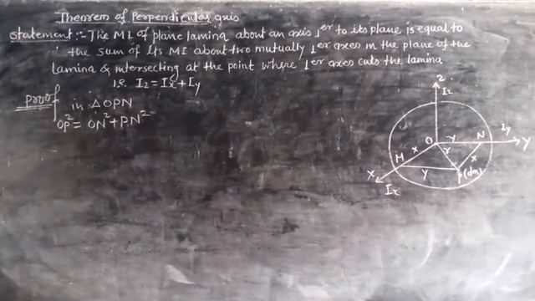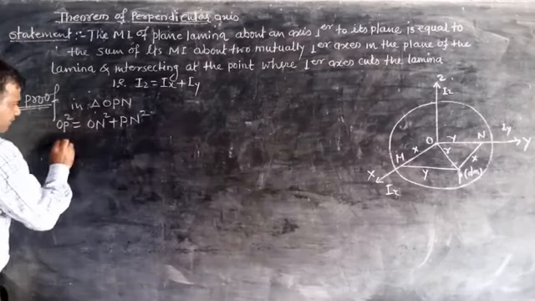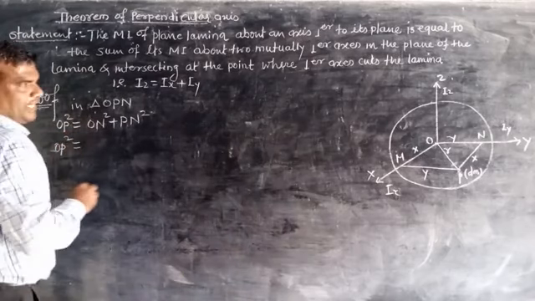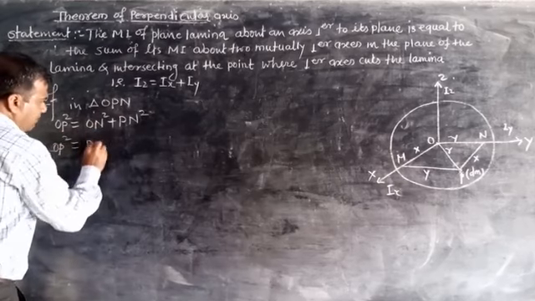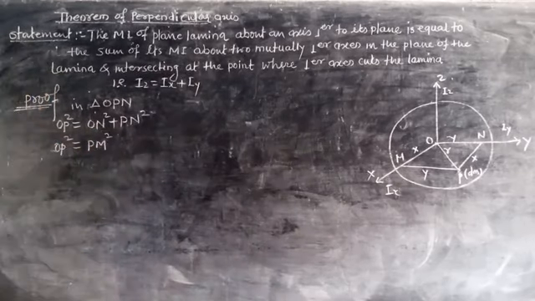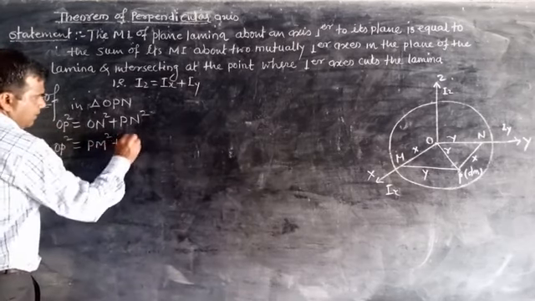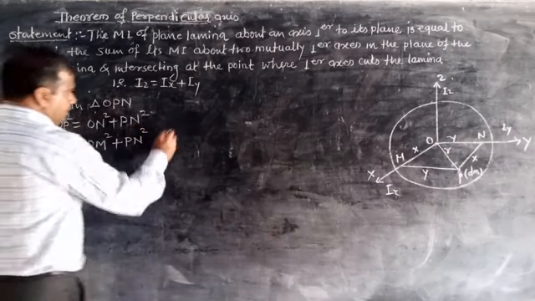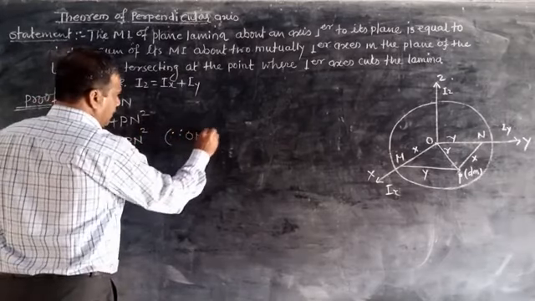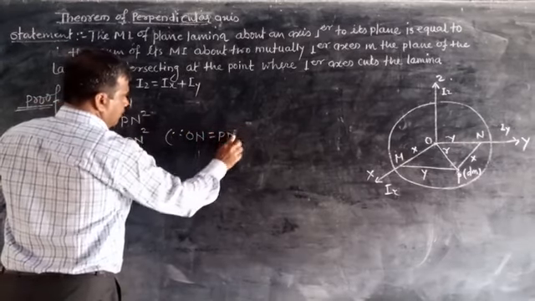From the figure, this ON square is nothing but PM square, so OP square is PM square plus PN square, since ON is equal to PM.